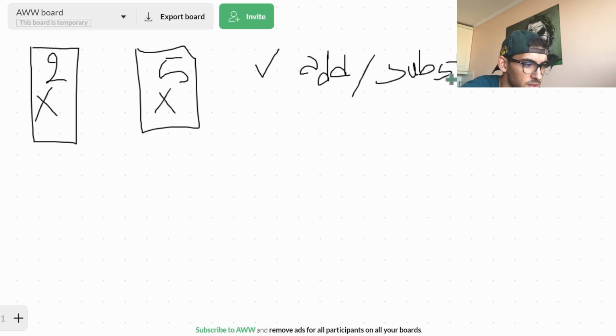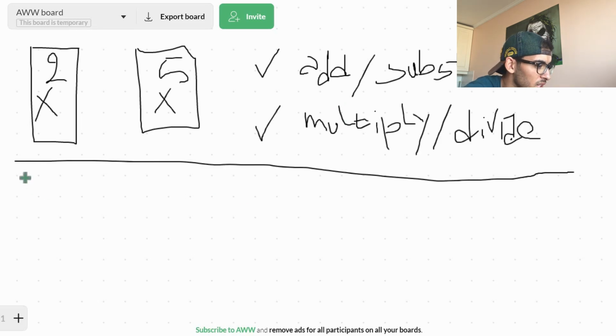Now add and subtract is basically the same thing, because subtracting a number is just adding minus that number. I hope that makes sense for you. Now that's the first option. The second option is multiply or divide by a number.